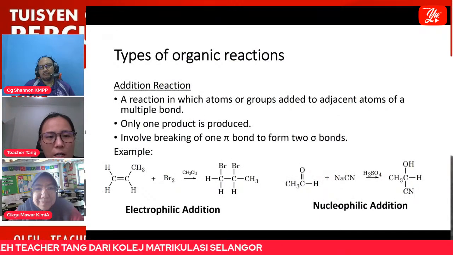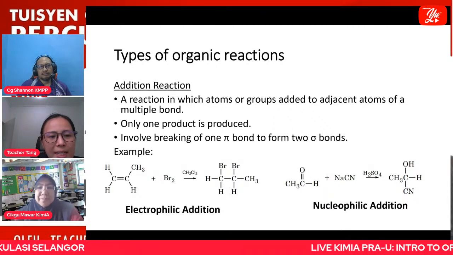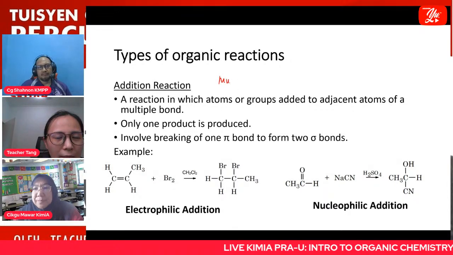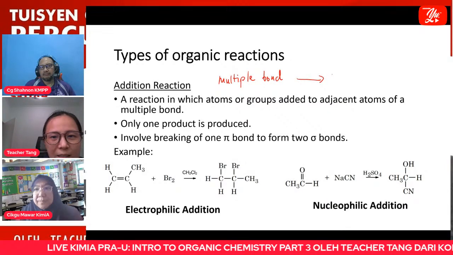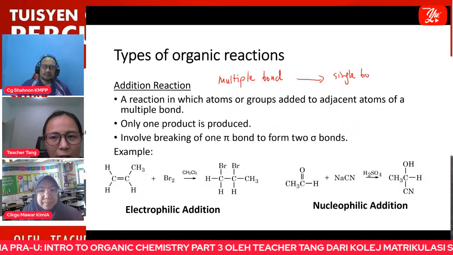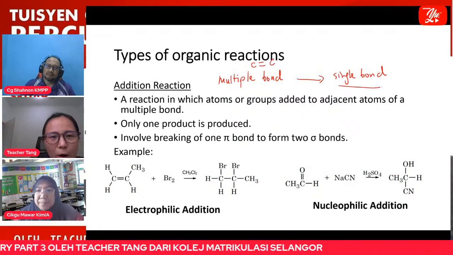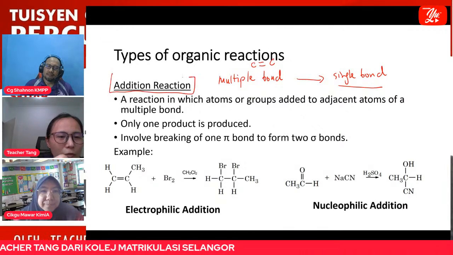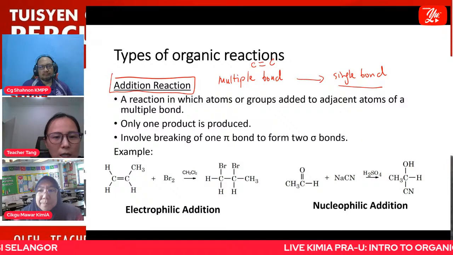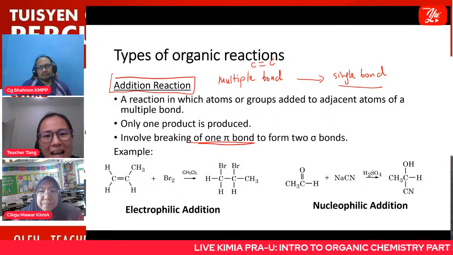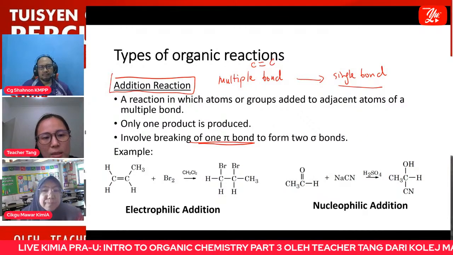Basically, if you see a multiple bond become a single bond, like a double bond becoming a single bond, then it is an addition reaction, because addition reactions usually involve breaking one of the pi bonds to form a single or sigma bond.